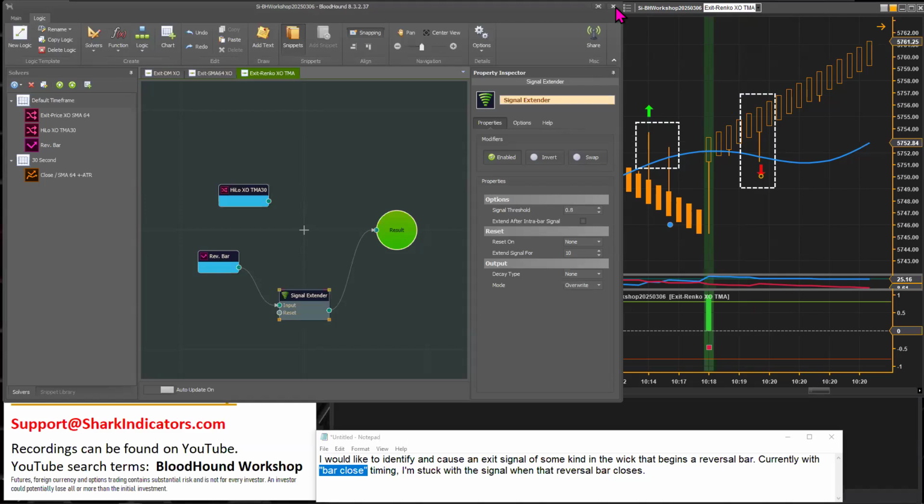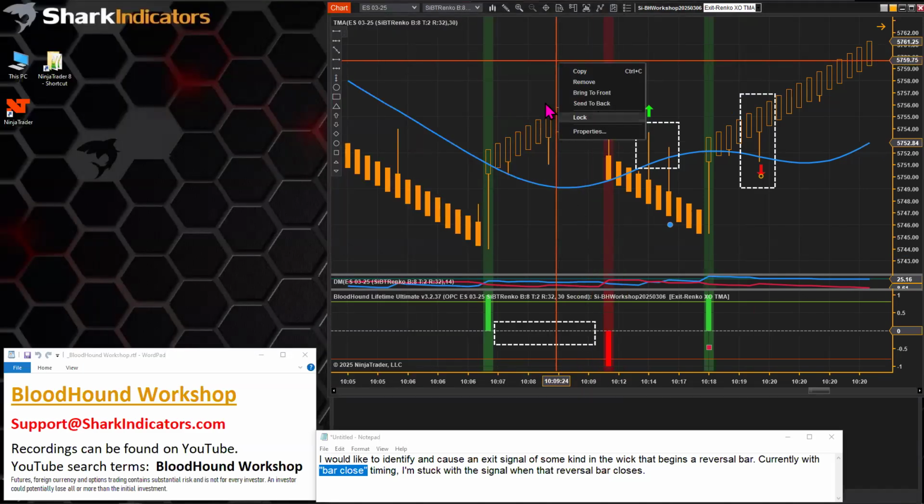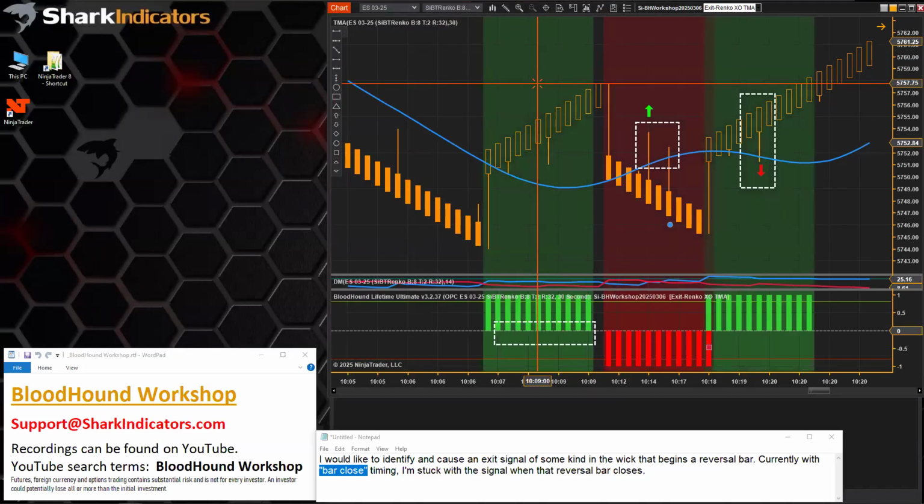Why is that not extending? Hold on, let me reload the chart here. There we go. So we're extending the long output.